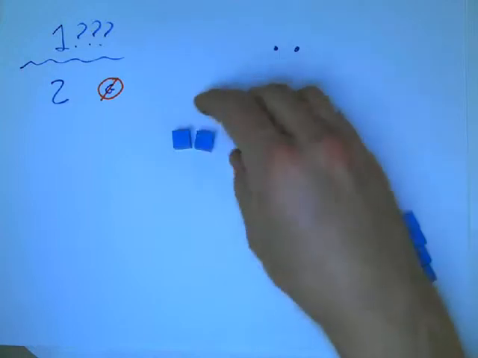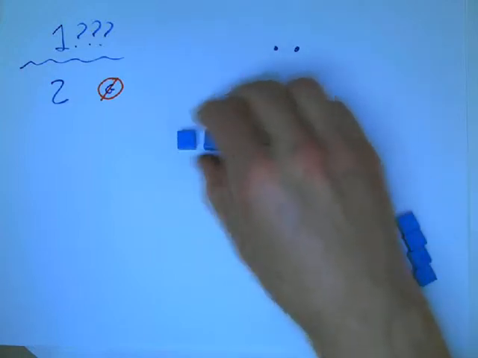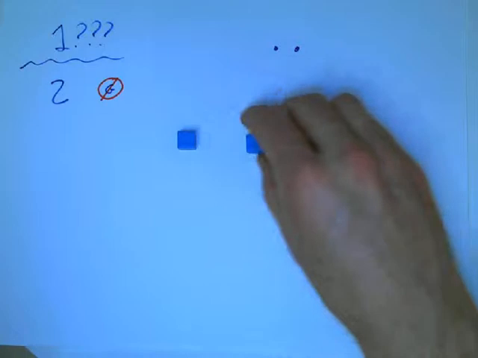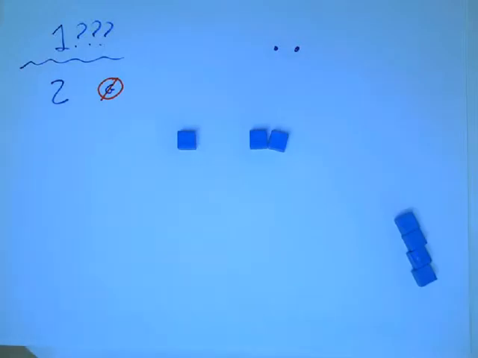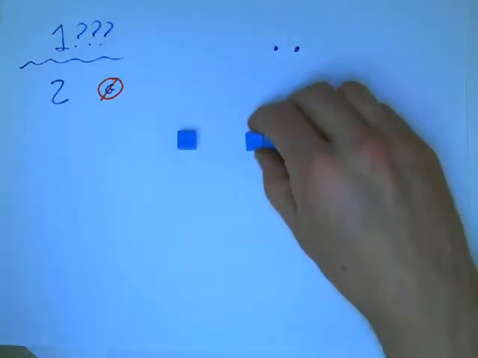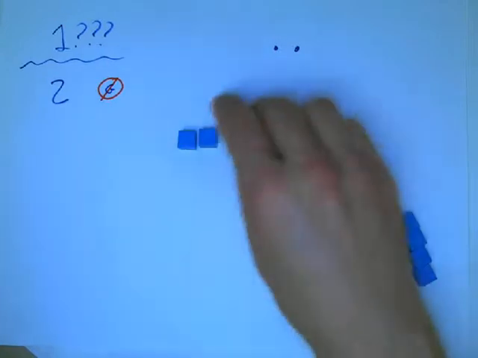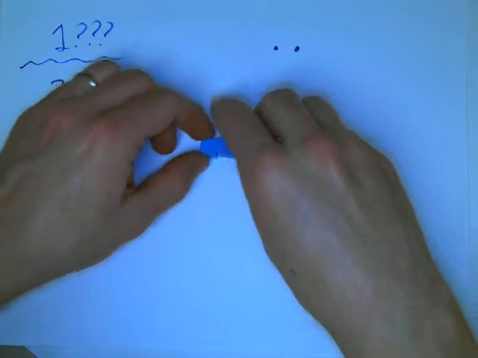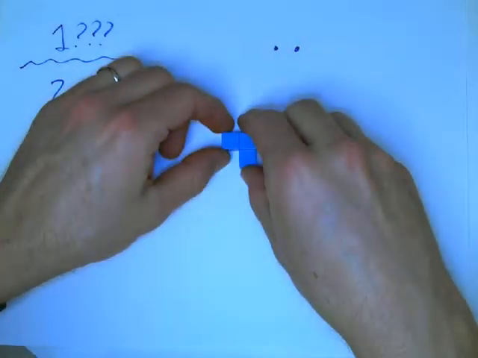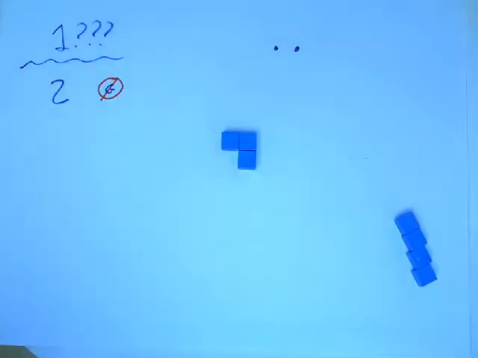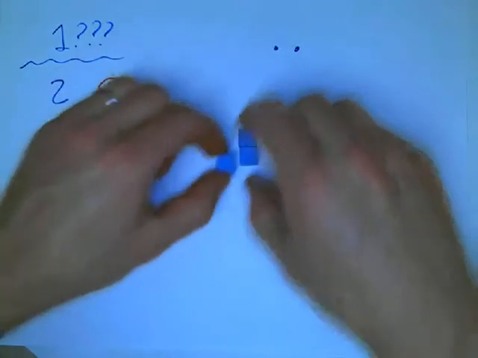Now we could go on to 3. Okay, well, now with 3, you can start to try to group it. It's not silly to even try. You can group these guys into 2, but then this guy's lonely. Well, you could group those guys into 2, and now this guy's lonely. Uh-oh. Let's try to make rectangles. I'm going to try to make a little square, a 2 by 2 square. Oops. Doesn't work.